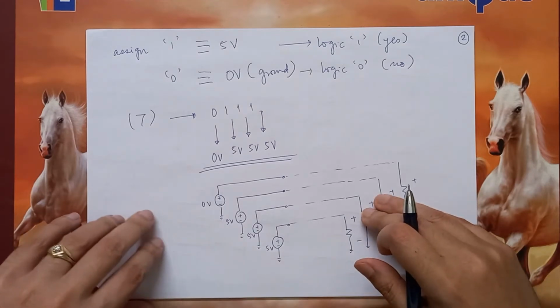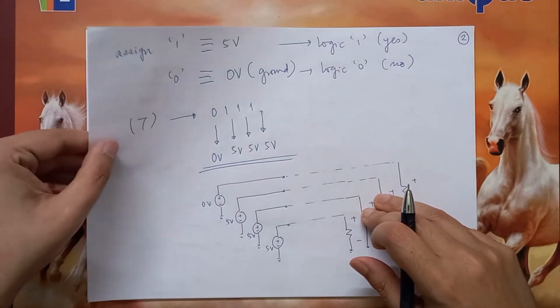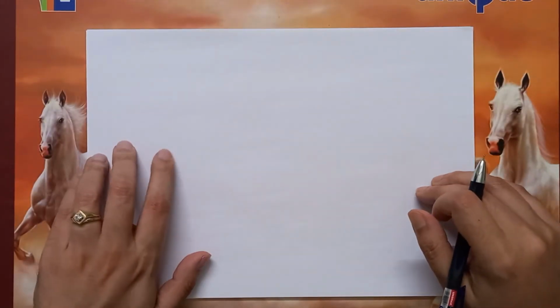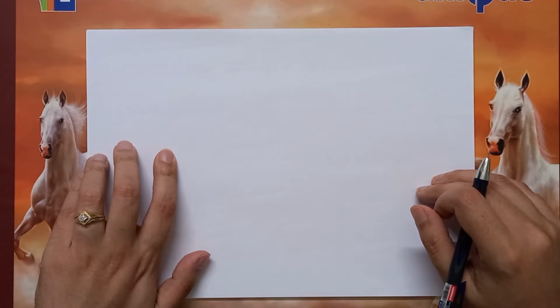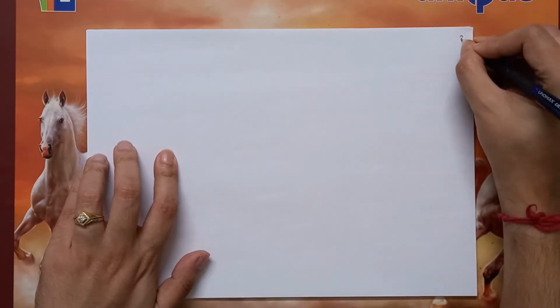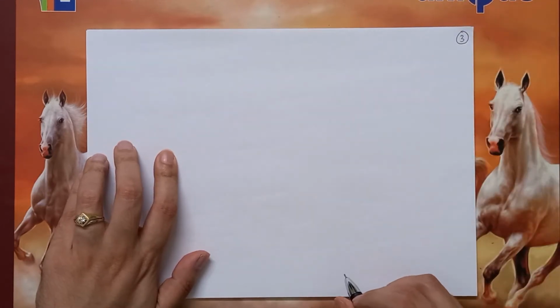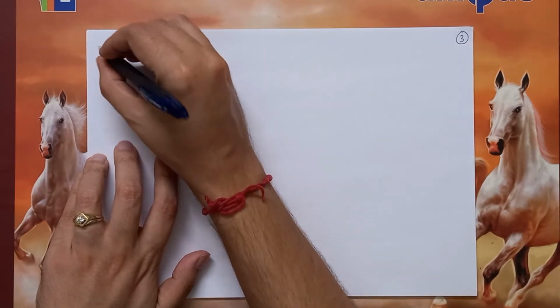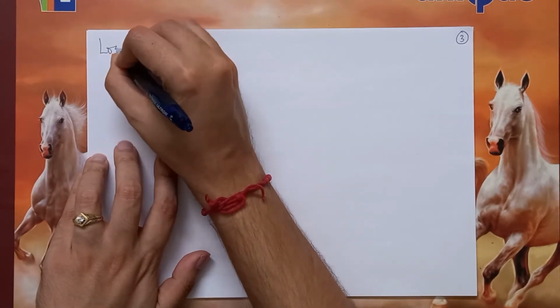Since both conditions were to be satisfied for the child to get the prize, that was called AND logic. So with that, now let us look at the different kinds of logic functions.